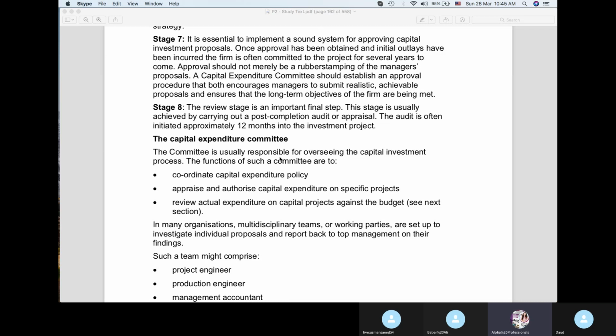Then comes the last stage, which is important, the final step. This stage is usually achieved by carrying out a post-completion audit or appraisal. The audit is often initiated approximately 12 months into the investment. It is more about recording the lessons learned from that project. Once you have completed your project, you would review it and see what your organization has learned from it, and those learnings would become part of your knowledge repository.